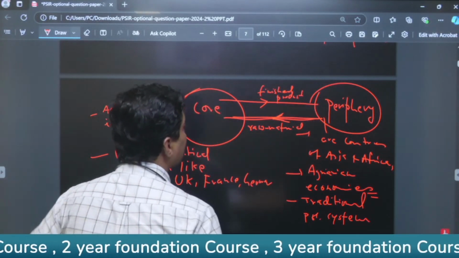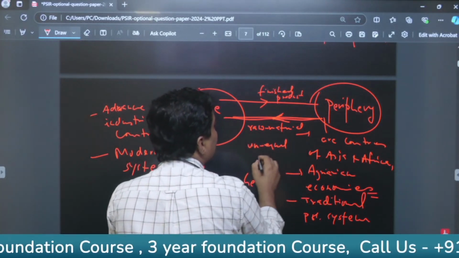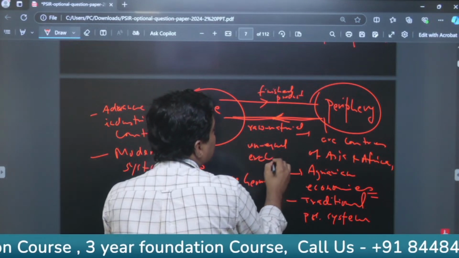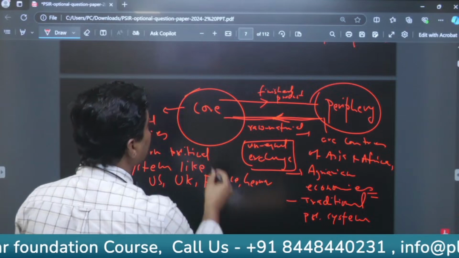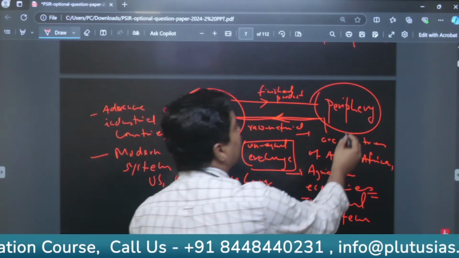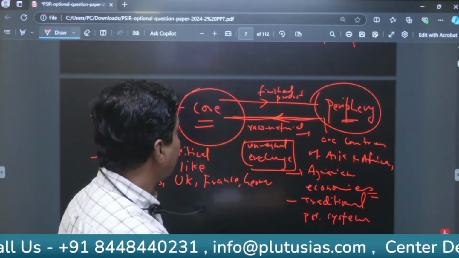And this transaction was unequal exchange. This unequal exchange led to development of the core and underdevelopment of the periphery. Right?